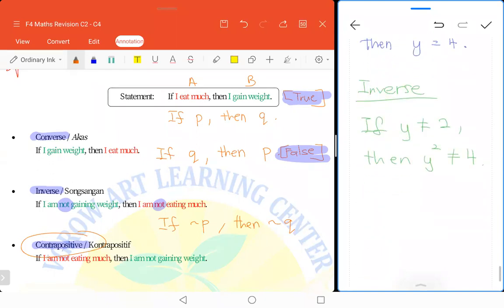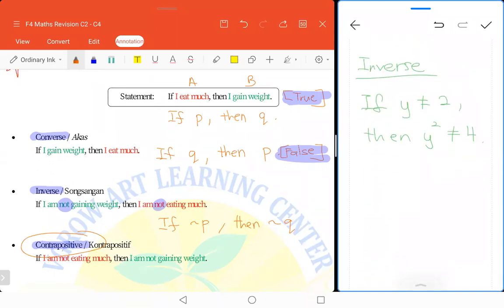Okay, after inverse, I see contrapositive. Contrapositive. So again, your answer, please. The answer is not yet changed, right? This one is the same thing, right? The inverse.